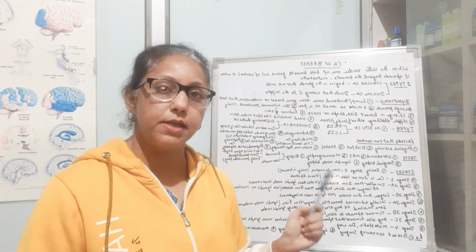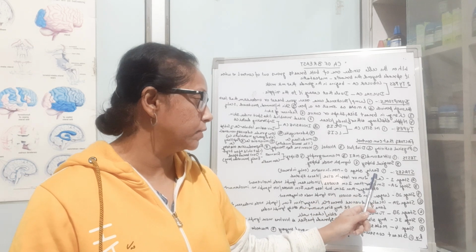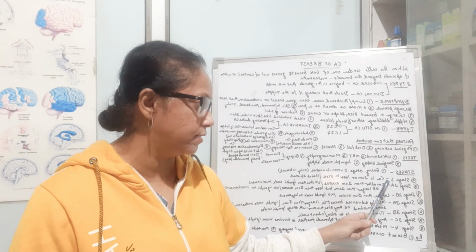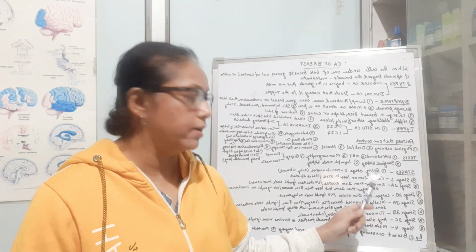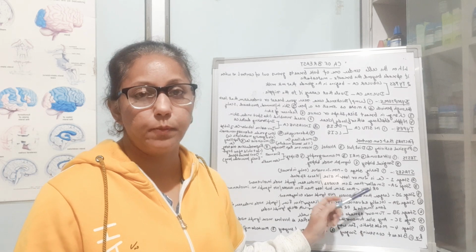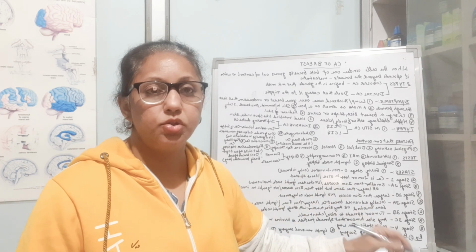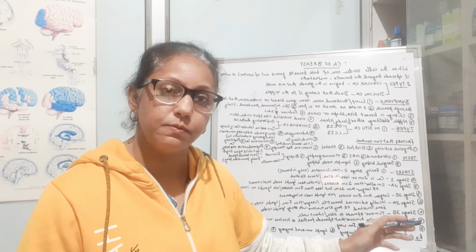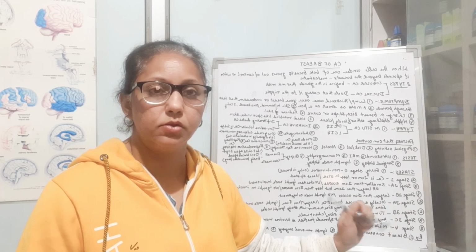Now, what are the stages of the carcinoma? It is classified into various stages. These stages are subclassified into various further categories depending upon what tissue is involved, where the carcinoma has spread, and whether it has metastasized to other organs or not.